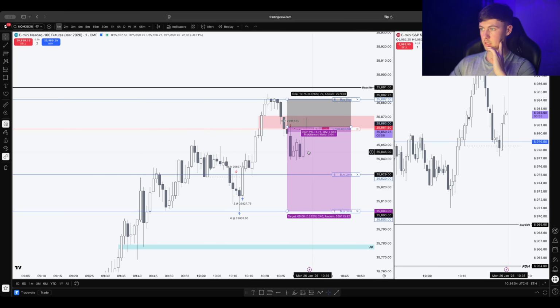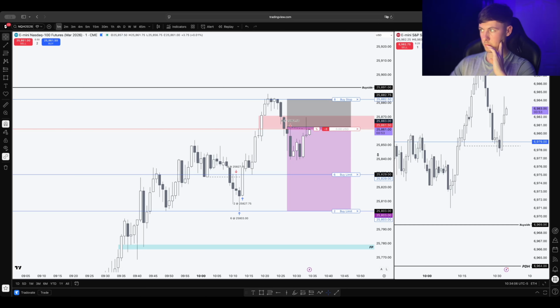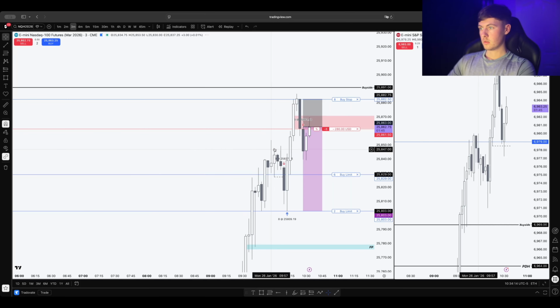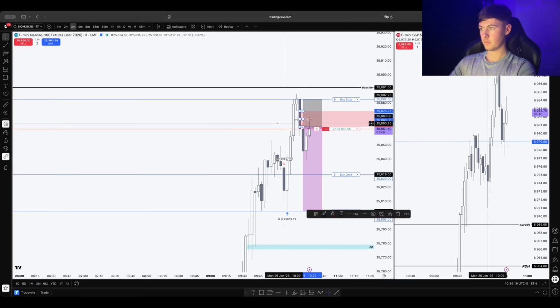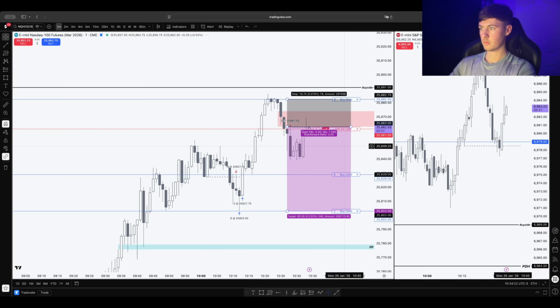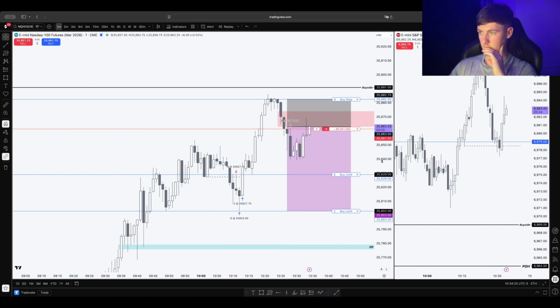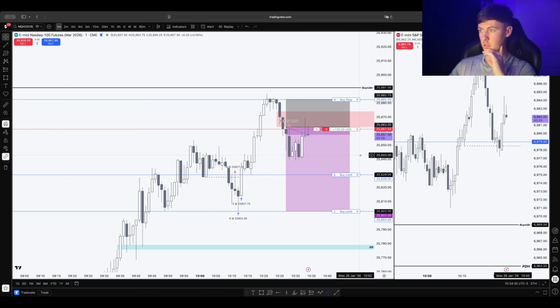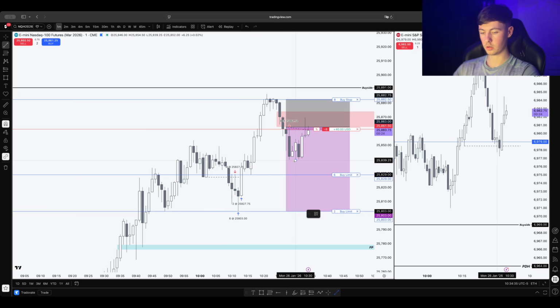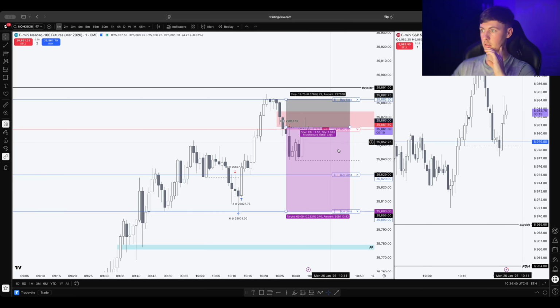Let's see. I want to see this BISI get ran through on the 1 minute. Very nice. So I want to see this low down here get broken below, and then we can look to trail stops next to break even at this high that is forming.